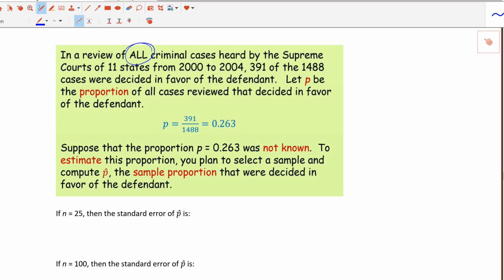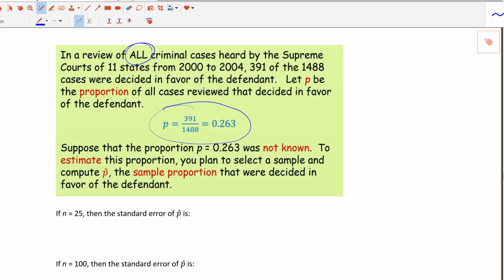So this is all of the criminal cases. This is not a sample. This is the actual population. So we will find P, the proportion of all cases reviewed that were decided in favor of the defendant, and that's just this fraction, 391 over 1,488, which is 0.263.